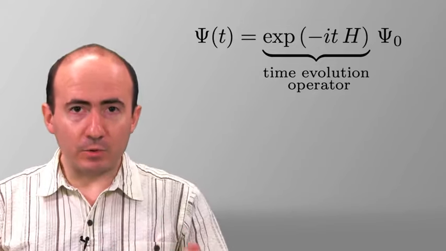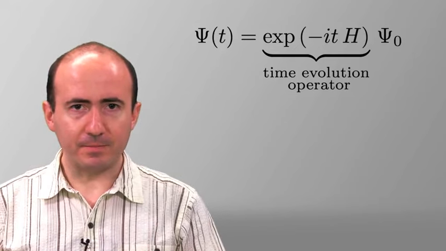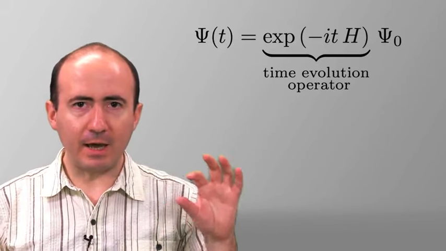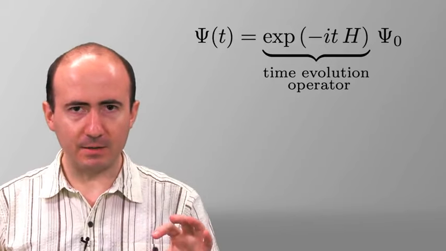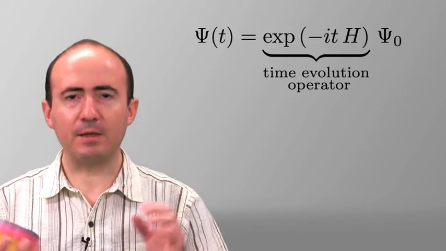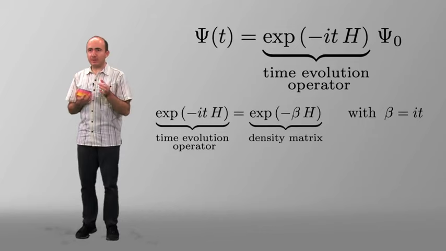Now let's have a closer look at this formula. You note that by formally replacing i times t by beta, that is to say by working in imaginary time, you obtain the very same expression as that of the density matrix that we know for a quantum system at equilibrium at inverse temperature beta.